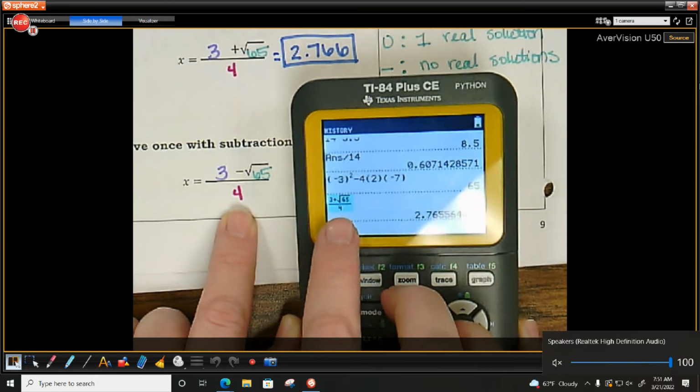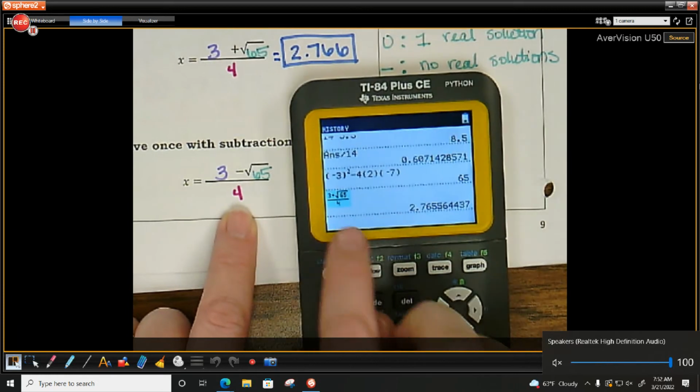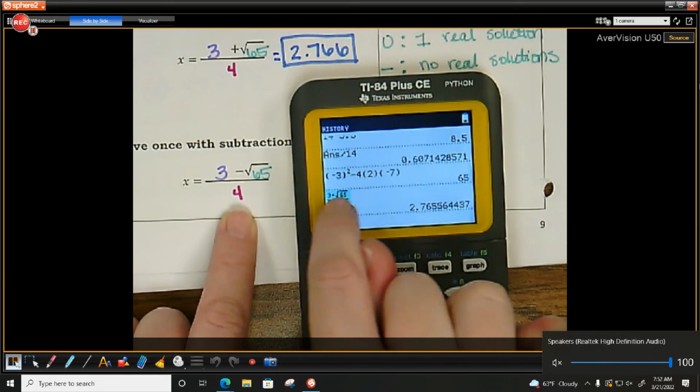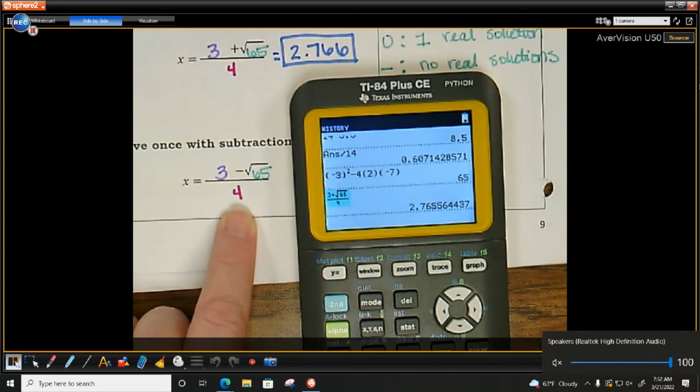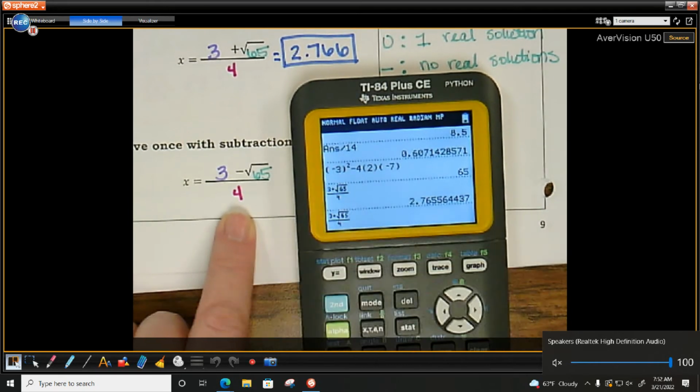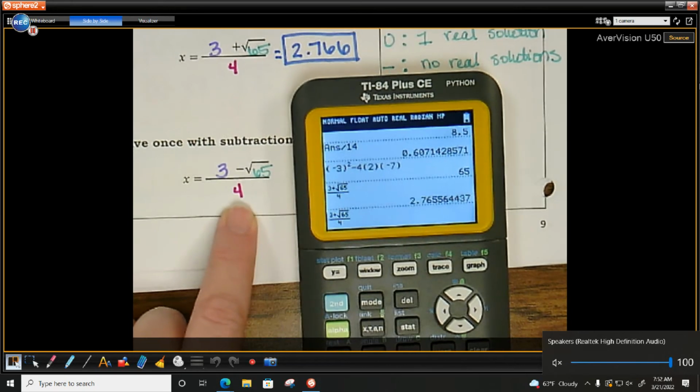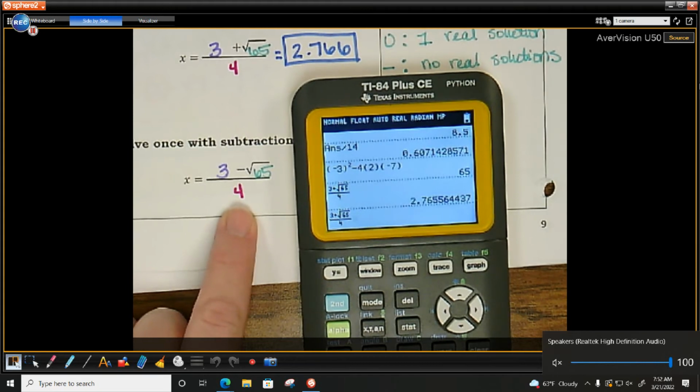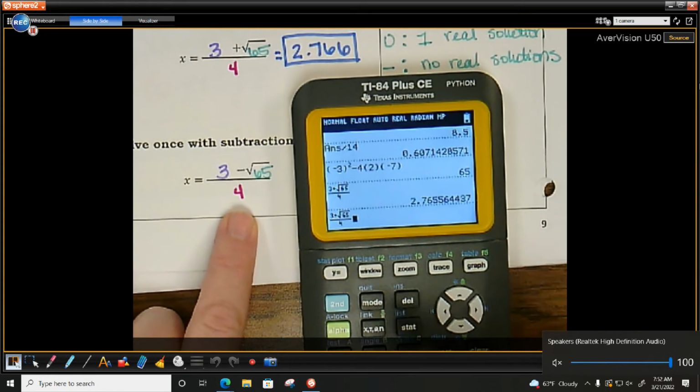Hit arrow up twice, and I'm wanting to highlight this fraction. If you hit enter then, notice how it comes down here? It's like a copy and paste type function on your calculator. So instead of typing it all in again, I'm just going to arrow over and change that plus to a minus. Do you see how that could save me some time?